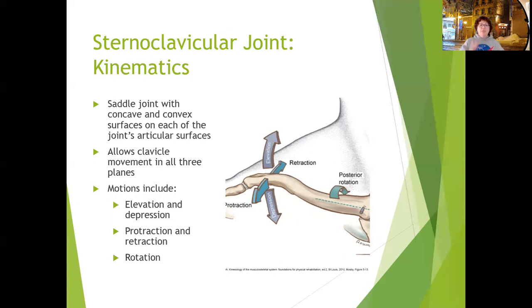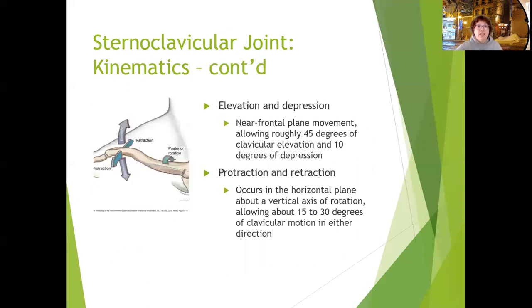I like this picture because it shows all the planes of motion. You can see that elevation and depression is a near frontal plane movement with an anterior posterior axis. So it's like little wings going up, almost little angel wings.